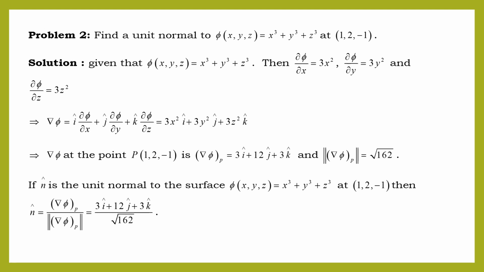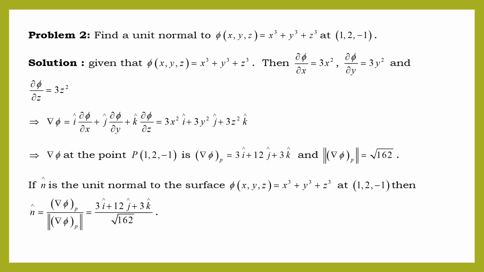If we want to find the unit normal at the given point, we have to use the formula del phi upon norm del phi at this given point. Suppose n cap is the unit normal of the given surface, phi of x, y, z equals x cube plus y cube plus z cube, at the given point (1, 2, -1).